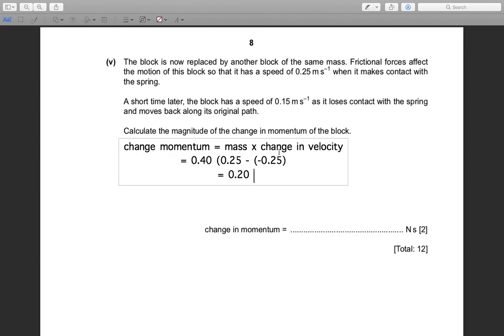Sorry, this is 0.15. So we get around 0.16 Newton second. Yes, this is the answer for this question, about the change in momentum.